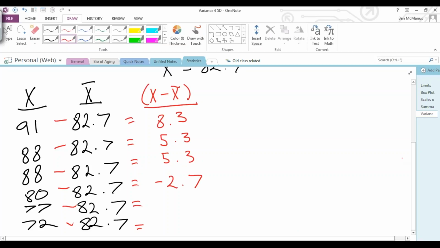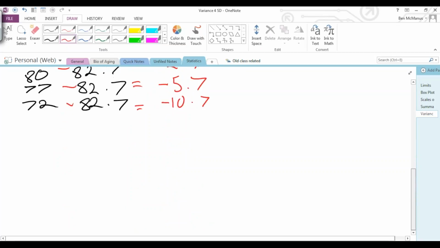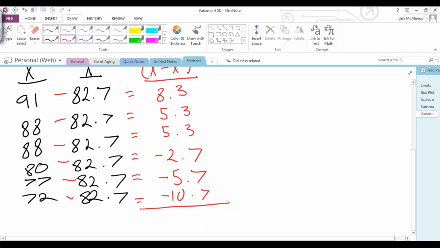Now here, when we get to 80, 77, and 72, and we're subtracting the mean for those, you notice we get some negative values. Those negative values are an issue. If I were to stop here, I've got the difference between all of my values and the mean for the entire data set, which tells me how far apart they are, and you want that on average for the entire data set.